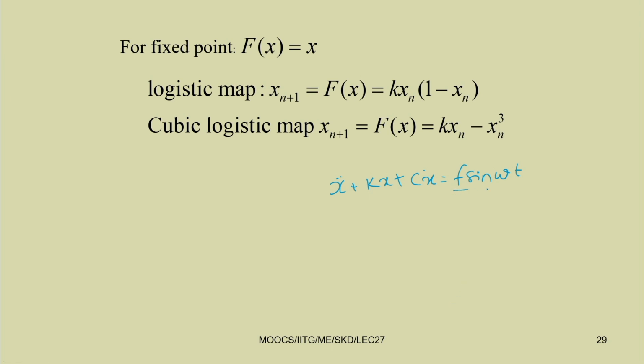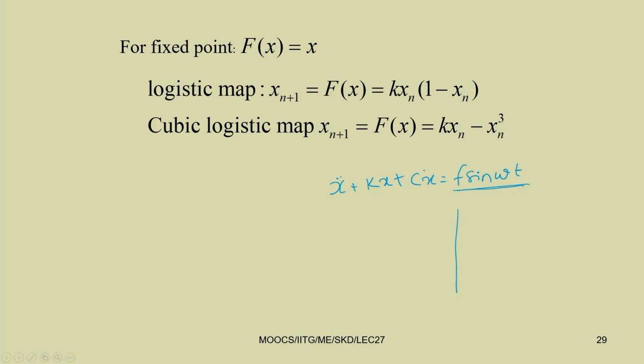In case of free vibration, this forcing part equals 0, and you have plotted for 3 different types of damping, that is under damped, critically damped and over damped, and you have plotted the response. For example, this x versus t you have plotted.